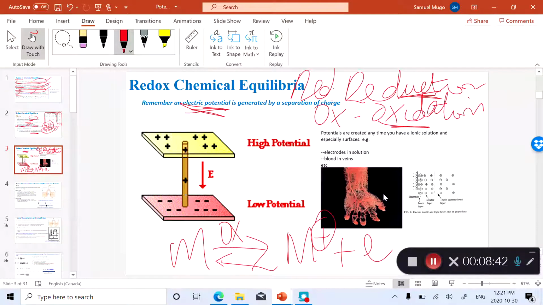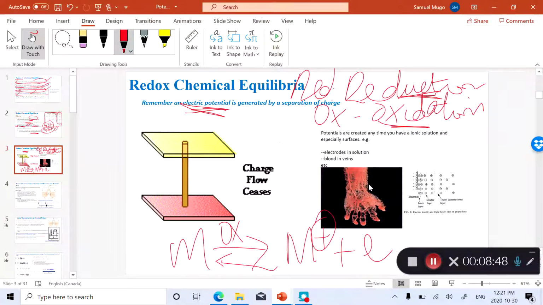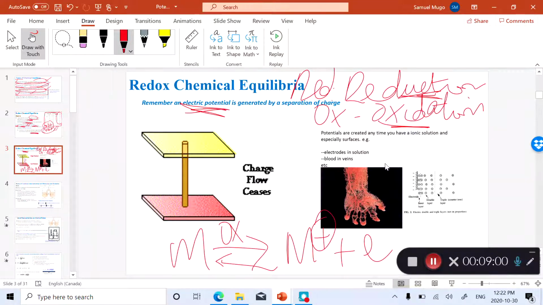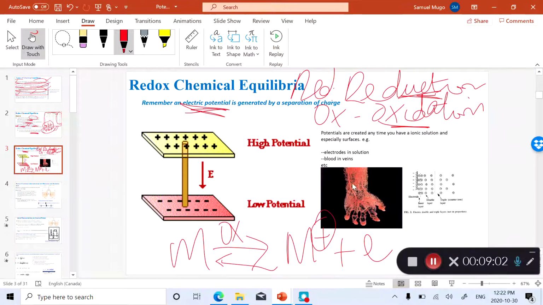Take an example also of our bodies. We are comprised of layers of different membranes, and so each membrane has a certain voltage. Our bodies have a lot of potentials related to different membranes and different tissues, you've got veins and so on.